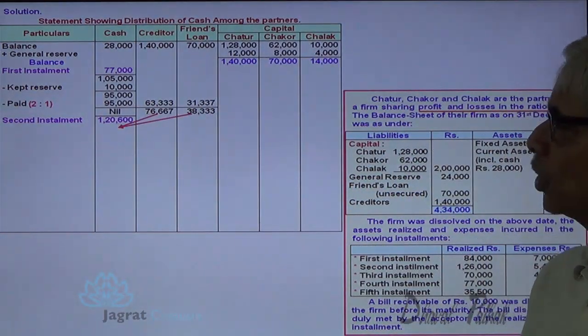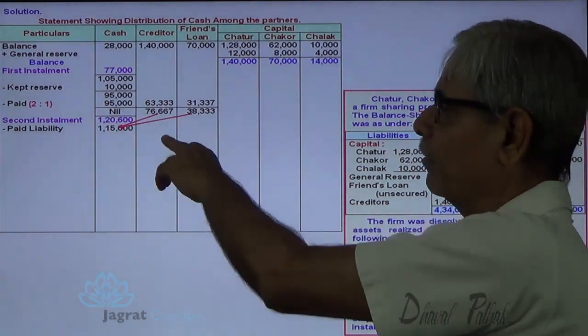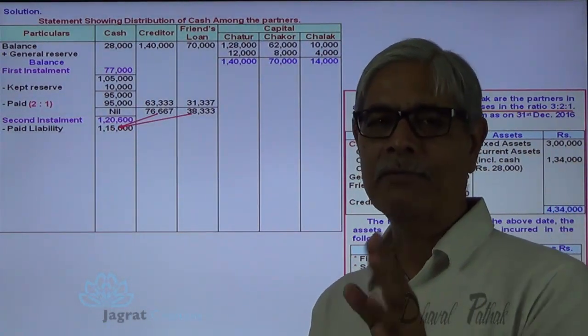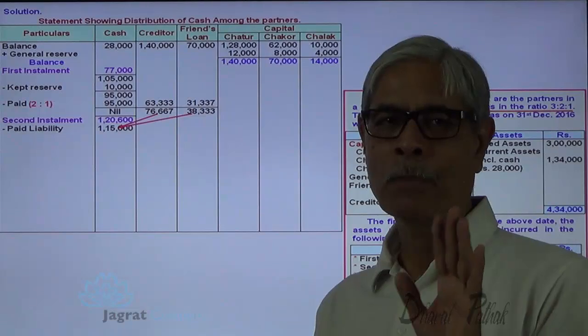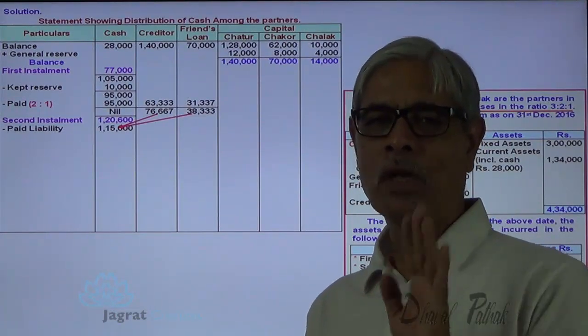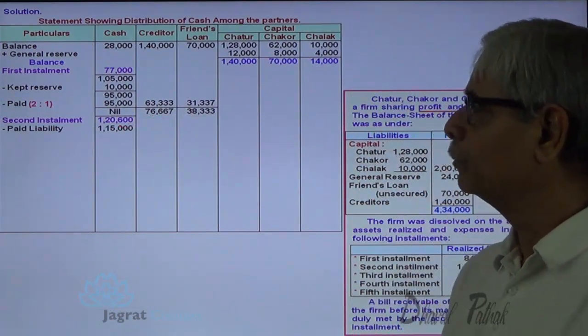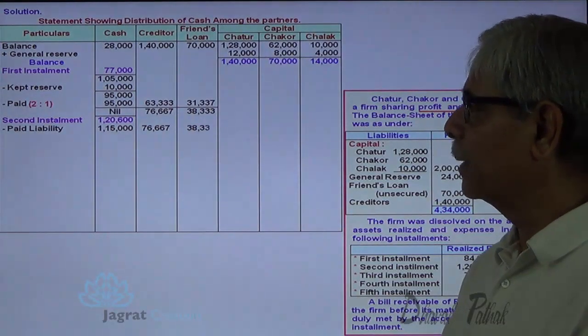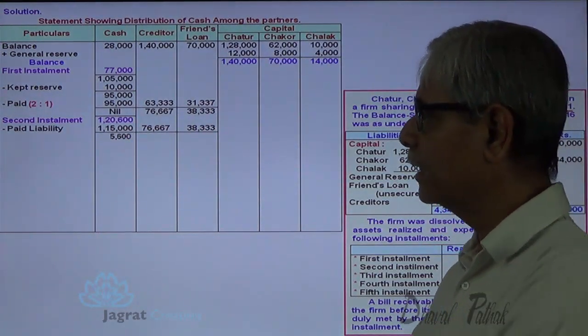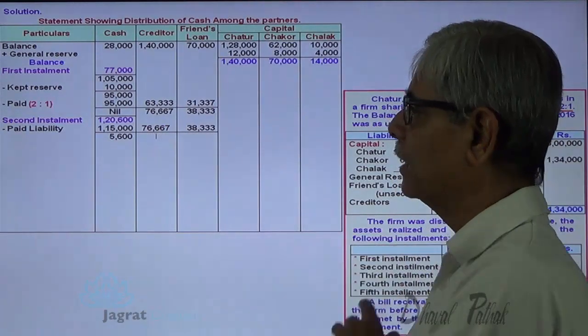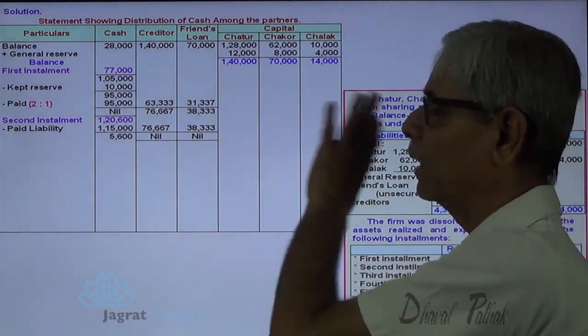So let me have a total of it. That total works out to be 1,15,000. So 1,15,000 is paid to the outsiders. By that, the claim of outsiders against my firm gets over. And I have cash balance available after that, 5,600, and these liabilities are paid out, so no balance is outstanding.